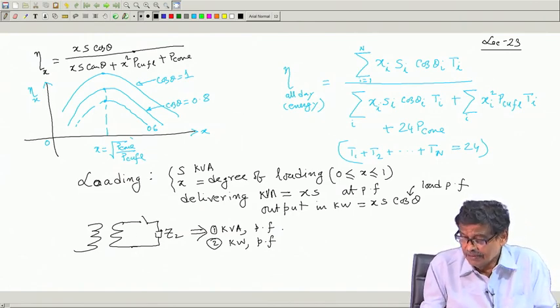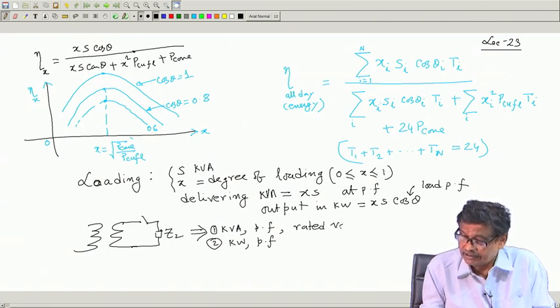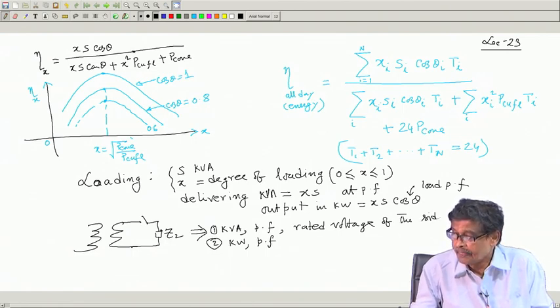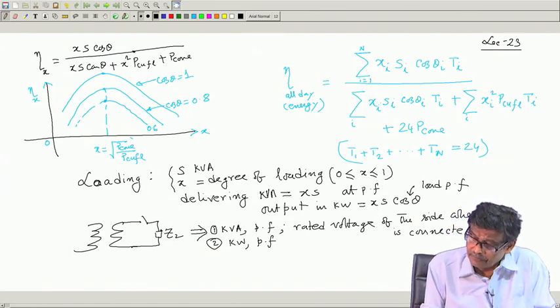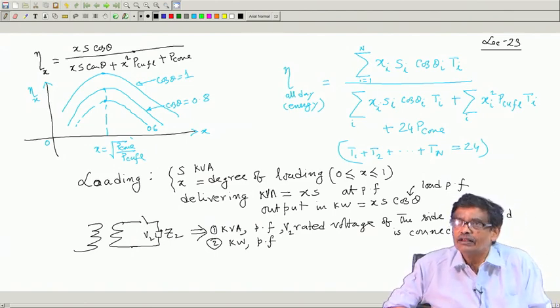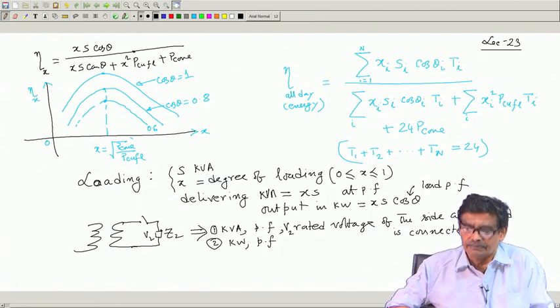And voltage is of course the rated voltage of that side where you are connecting, the rated voltage of the side where the load is connected, say V2. Therefore, from kVA, power factor and V2, I will be able to calculate the effective Z2.